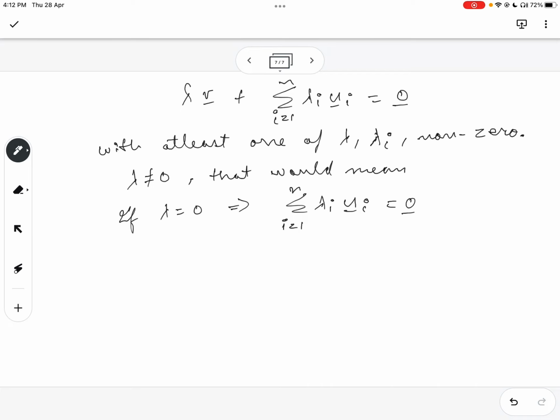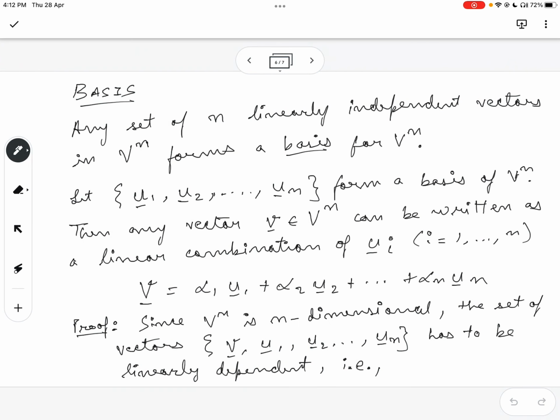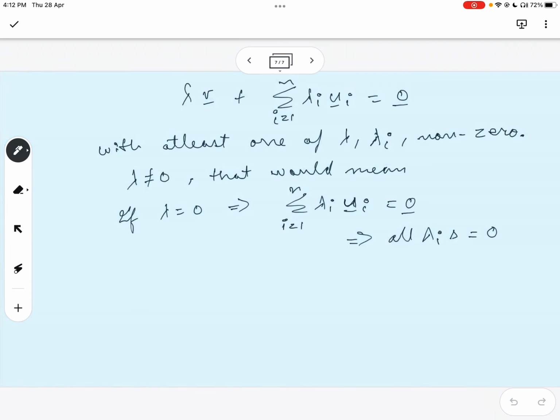As ui's are a set of linearly independent vectors, that would mean all lambda i's are 0. But that violates our claim that the set of vectors v, u1, u2 until un is linearly dependent, which means that one of the scalar multipliers has to be non-zero. So that means lambda is not 0.